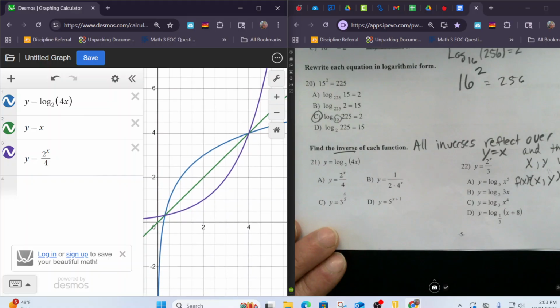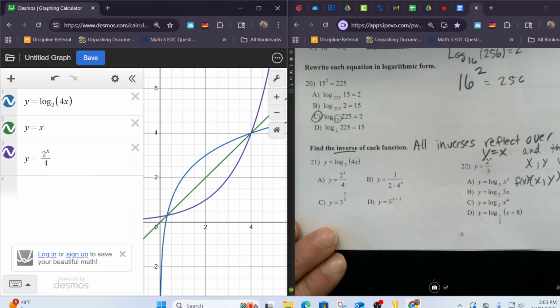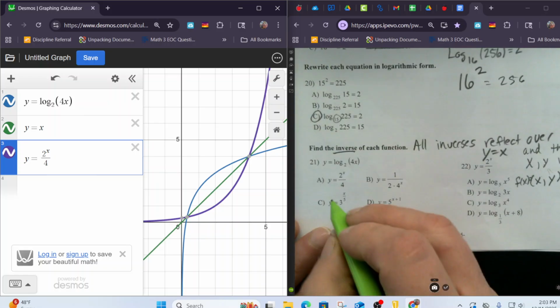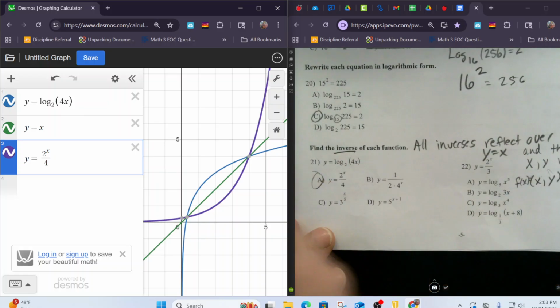Looking at this, the blue and purple curve meets on the green line here and here. Does it look like they're reflected across the green line? Yes, it does. So actually the first one here is our possible answer. I'm going to circle that.